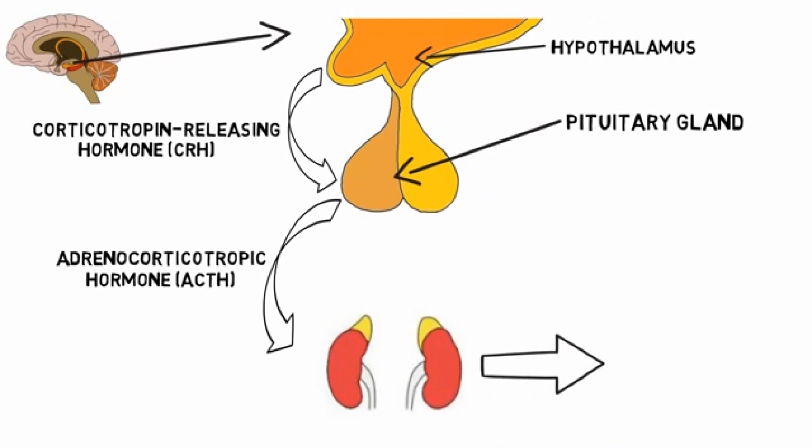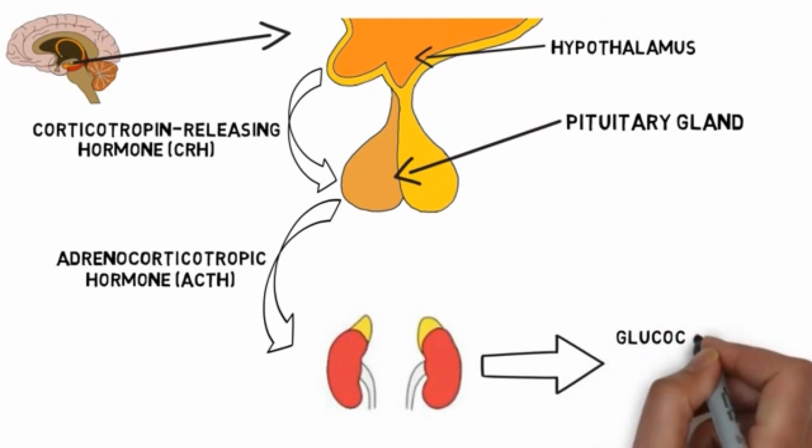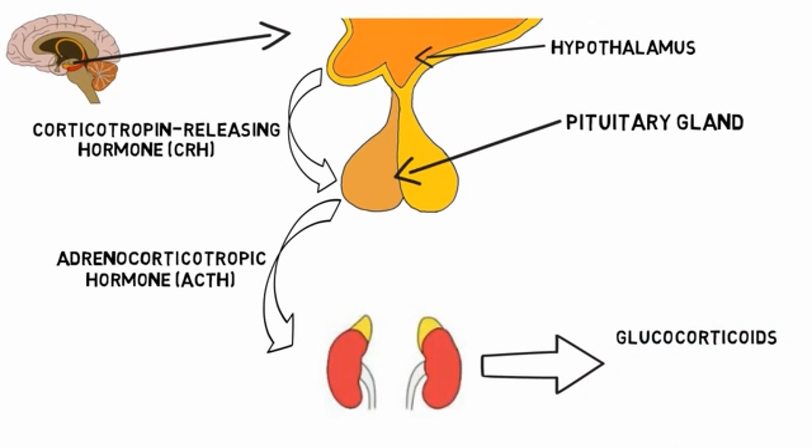It causes the secretion of a class of steroid hormones called glucocorticoids from the cortex or outer layer of the adrenal glands. One of these glucocorticoids is cortisol, which plays an important role in the stress response. ACTH also triggers the secretion of epinephrine and norepinephrine from the adrenal medulla, which is the center of the adrenal glands. Epinephrine and norepinephrine are substances that act as hormones and neurotransmitters. When released from the adrenal glands, they act as hormones.